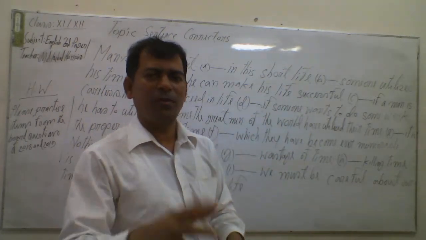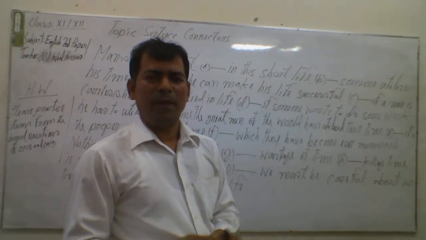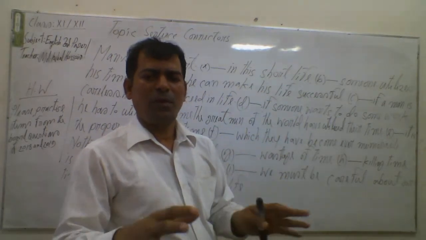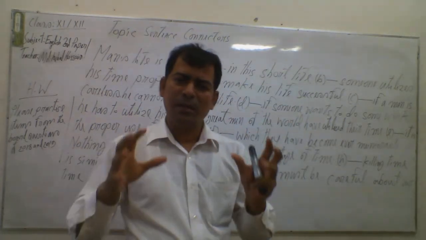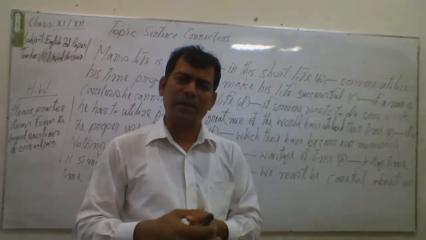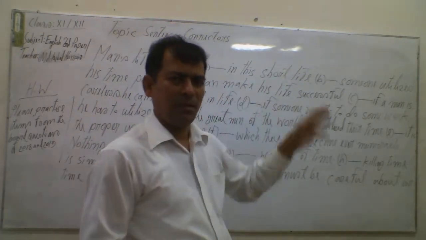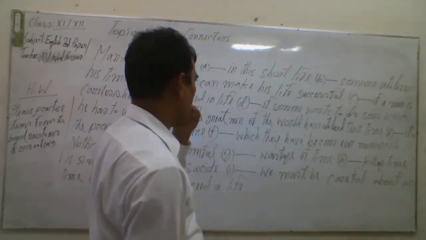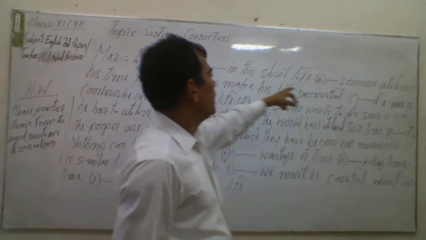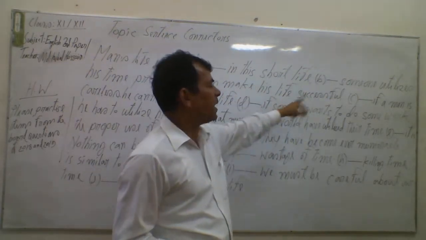You have to habituate your brain. You have to have good command over these connectors, so that your brain can get habituated and automatically supplies you the required connectors in certain cases. If someone utilizes his time properly, he can make his life successful.